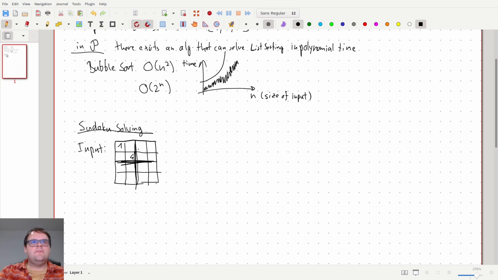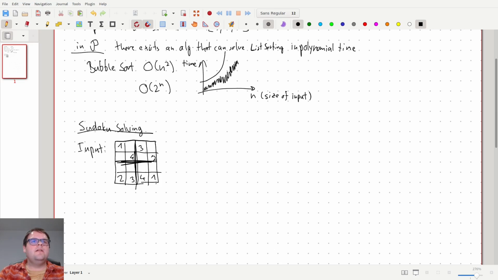So you have 1, 4, 3, 2, 2, 3, 4, 1, and then the idea is you have to complete the numbers in the empty squares, but in a way that none of the digits are repeating in a row, in a column, or in a box. So it's a kind of puzzle you might do.